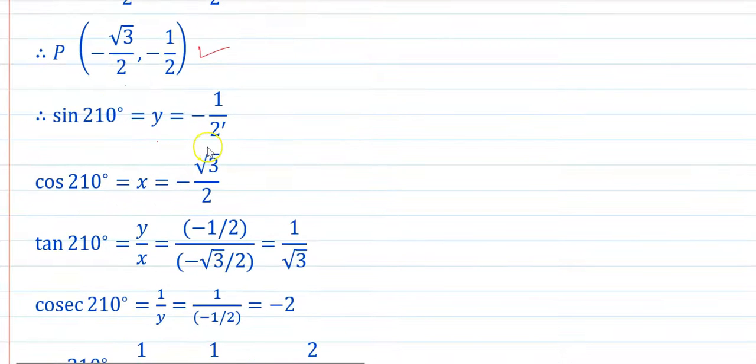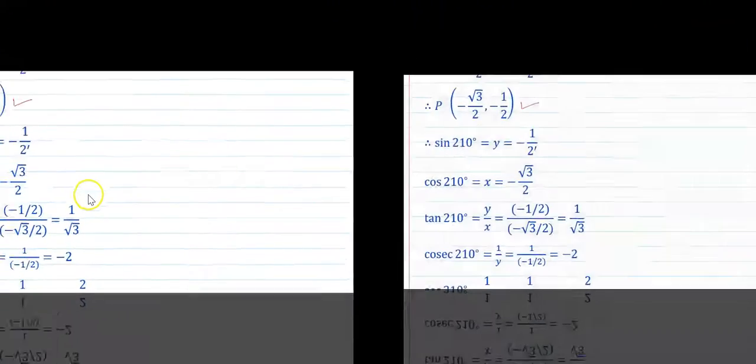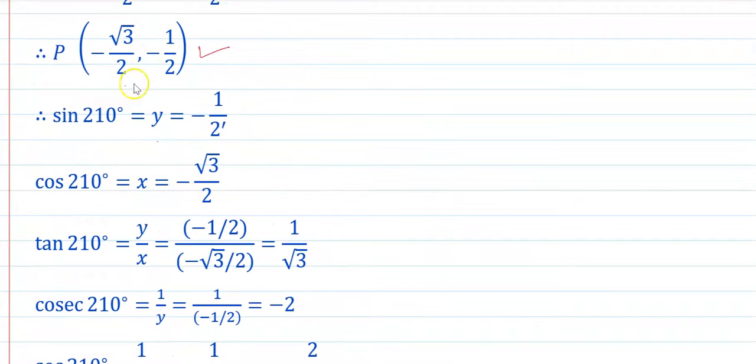Now the sine of 210 is equals to minus 1 upon 2. Cos of 210 is x. The value of x is minus root 3 by 2. Tan of 210 is y upon x, minus 1 upon 2 upon minus root 3 by 2. 2 get cancelled. Minus minus division becomes plus, and hence it is equals to 1 upon root 3.